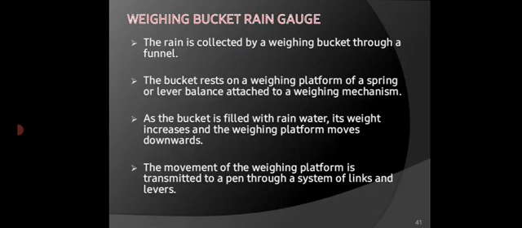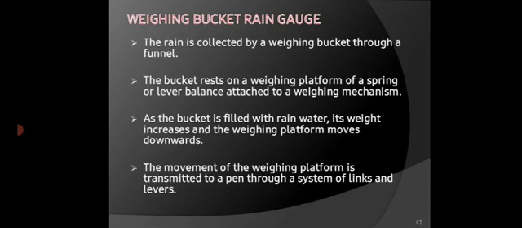Now next is the weighing bucket. The rain is collected by a weighing bucket through a funnel. Same mechanism. The bucket is placed on a weighing platform of a spring or lever balance attached to a weighing mechanism.